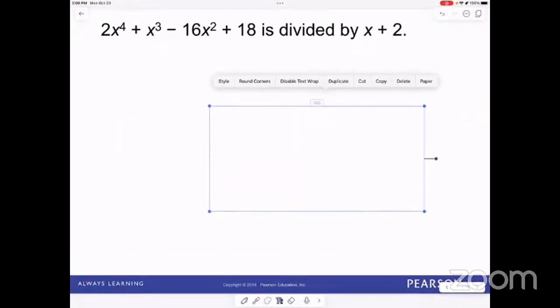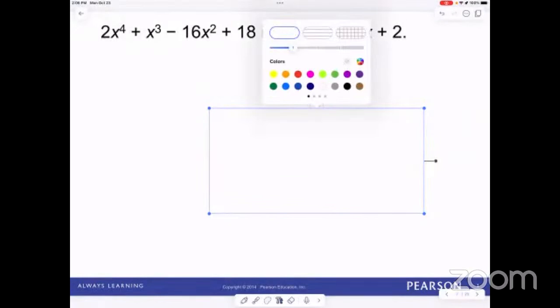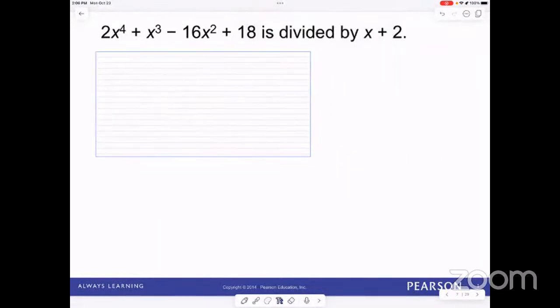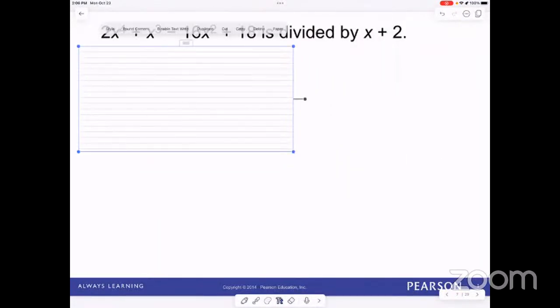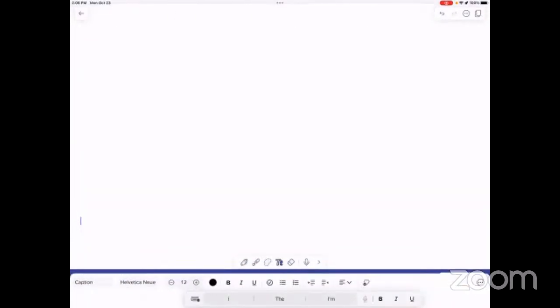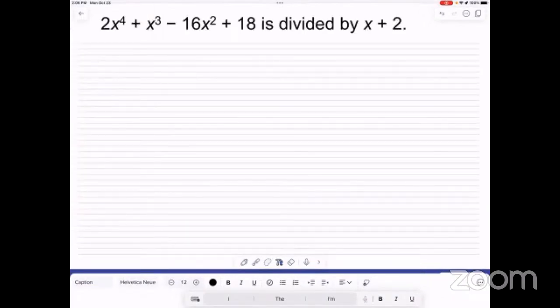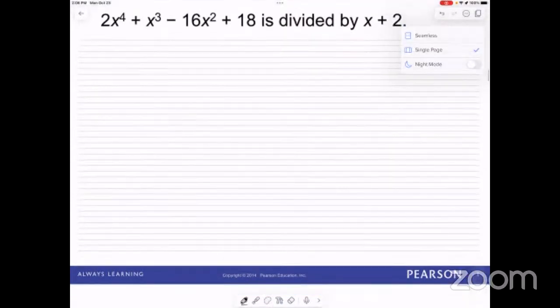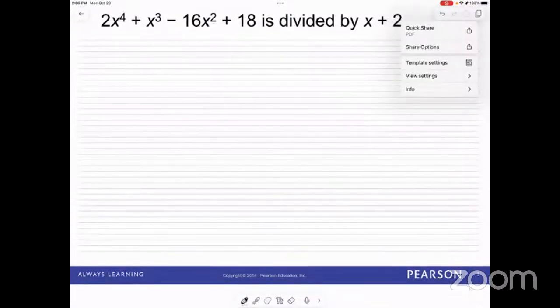Let's actually just do line paper. Okay. No, what did I do? Okay. All right. So, oh, it looks weird. Single. Okay, that's better.